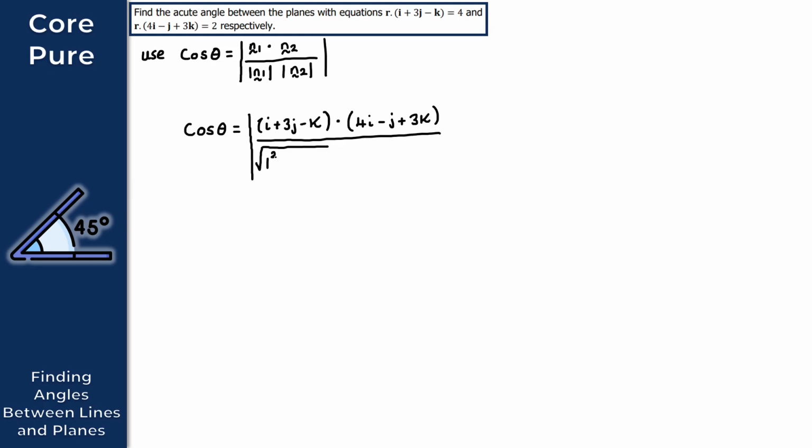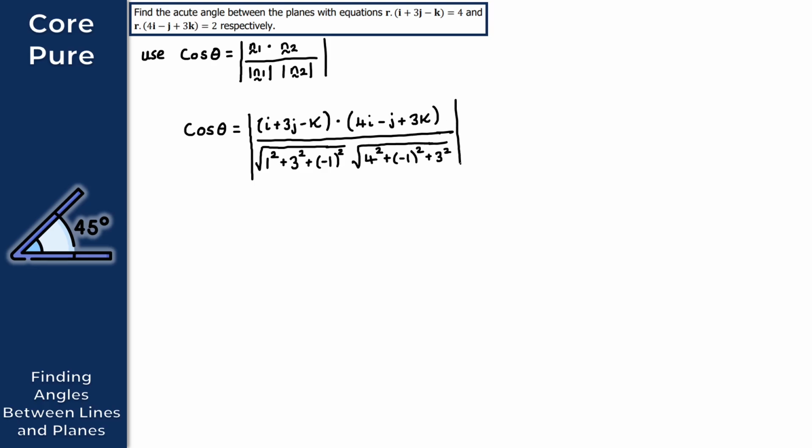And then we times this by the square root of the magnitude of the normal to the second plane, which is 4 squared plus minus 1 squared plus 3 squared.